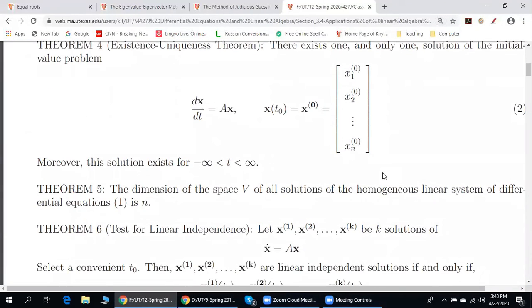Let me remind you that if we have a system x dot is equal to Ax, where A is an n by n matrix, in order to find its general solution, by theorem 5, we need n linearly independent particular solutions.